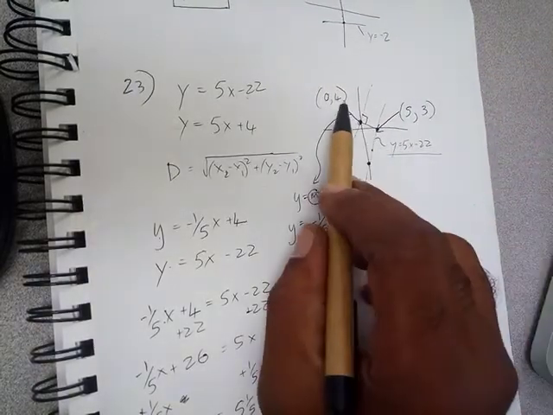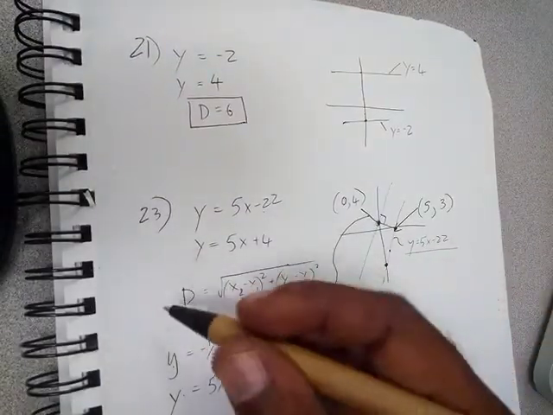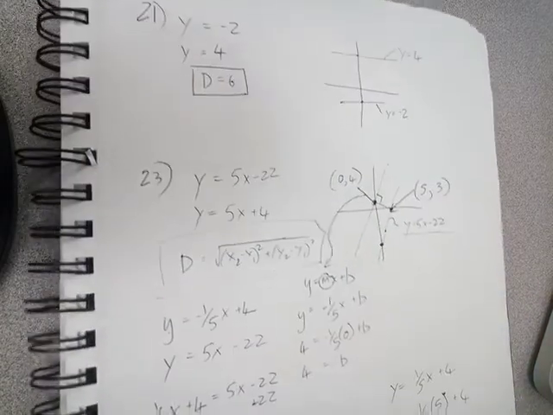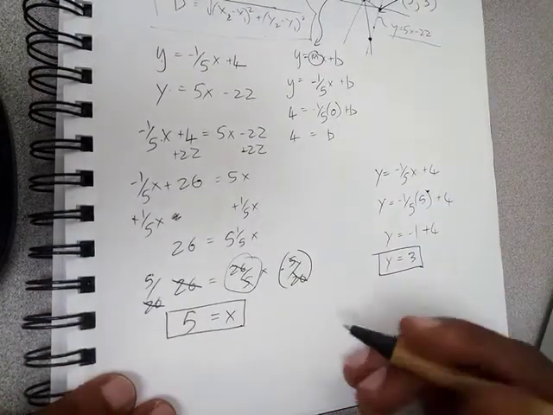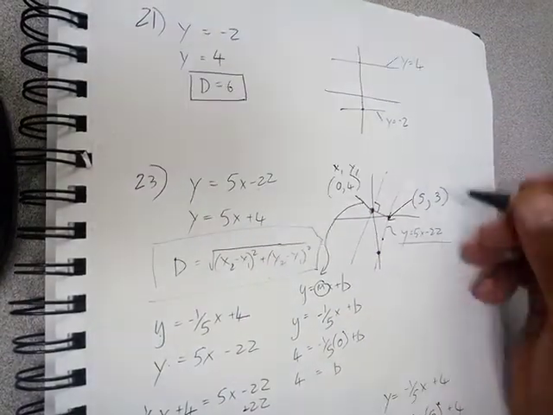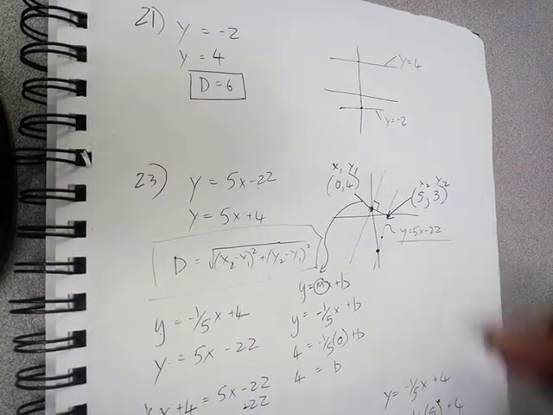I now find the distance between (0, 4) and (5, 3) using the distance formula. I'll just set it up for you instead of giving the answer. It's going to be the square root. We'll label these points x1, y1, x2, y2.